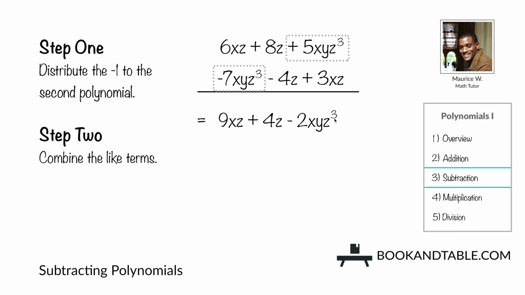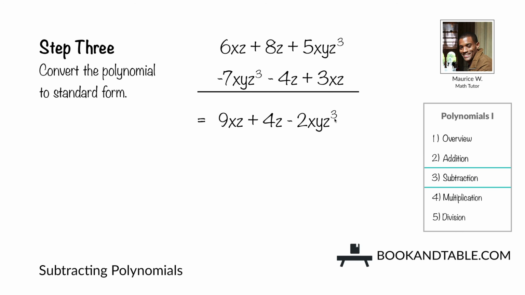And now that we've combined the like terms, we want to convert the polynomial to standard form. This first term has a degree of 2. 1 plus 1 would give us 2. The second term has a degree of 1. Z has an exponent of 1. And this third term has a degree of 5. 1 plus 1 plus 3.